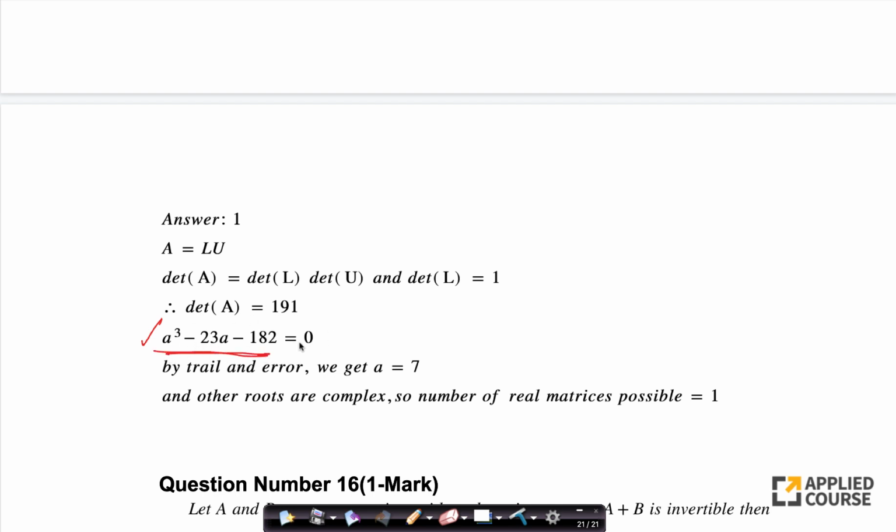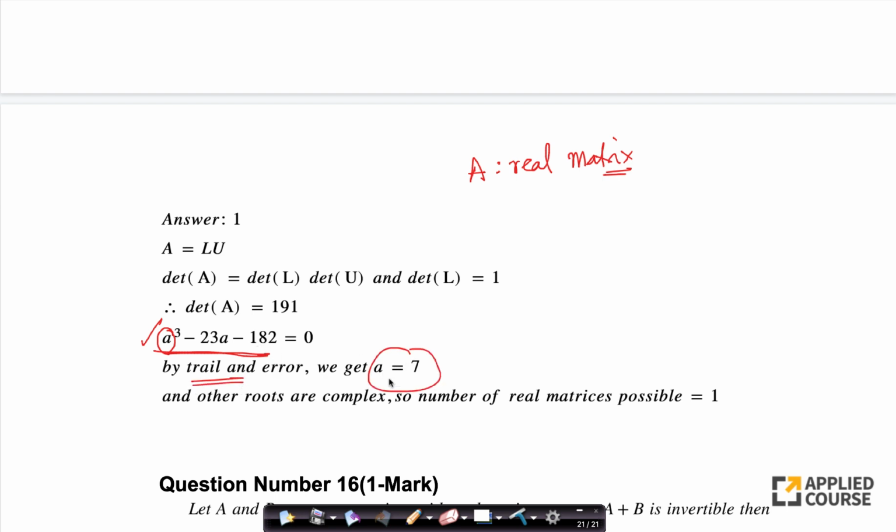We just tried what real values of a will satisfy this. That's very important, because you're given that matrix A is a real matrix, not an imaginary or complex matrix. So since A is a real matrix, we wanted to find out which real values of a will make this equation valid. And by simple trial and error, we found that a equals 7.